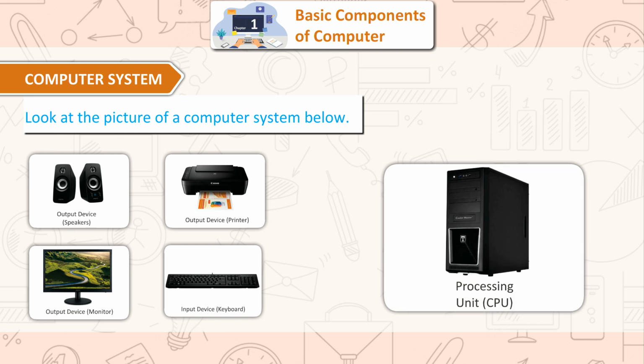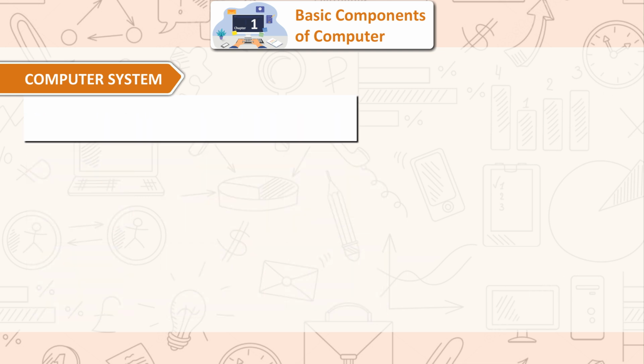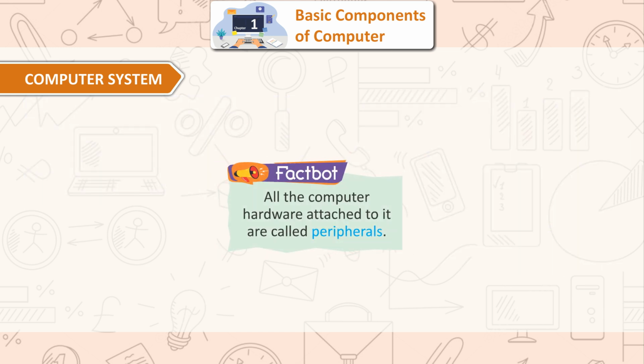Processing unit: CPU. The exterior of any computerized device may look different and may also have varied features, but the basic components remain the same for their functioning. Factbot: all the computer hardware attached to it are called peripherals.